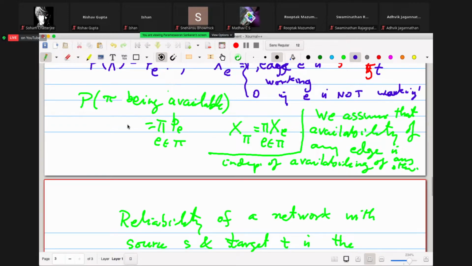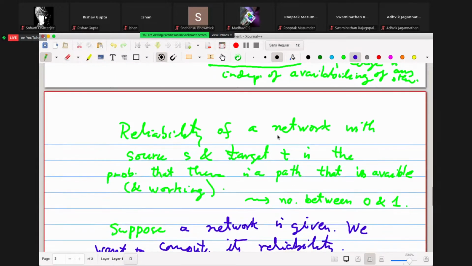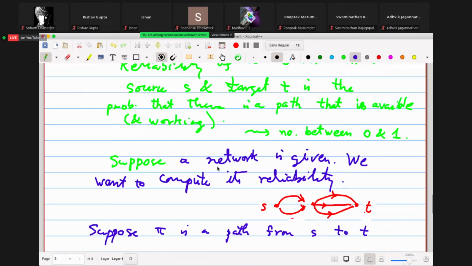Each one is available. No, this one is not quite right. The way I have written here is not okay. Let us do that first, I think. So pi is a path from S to T.